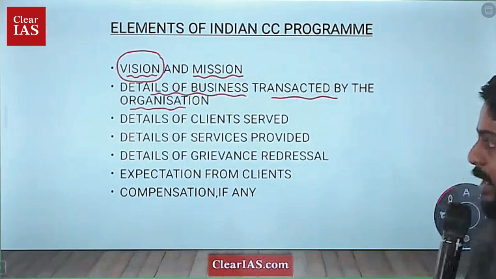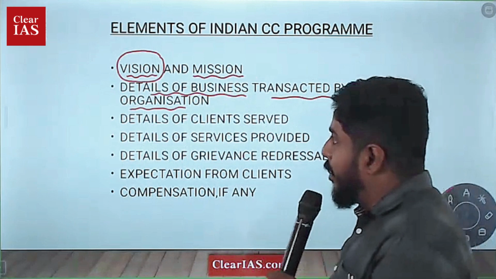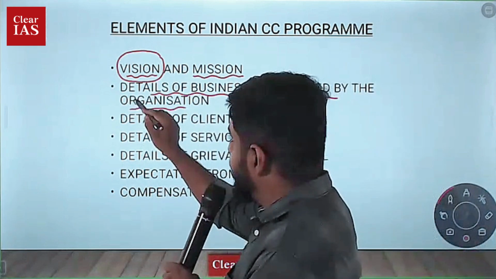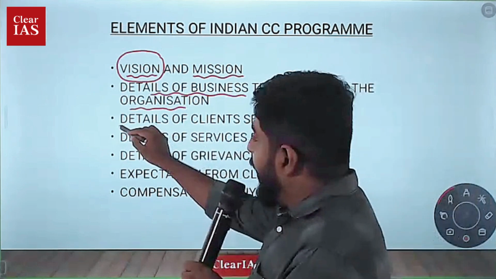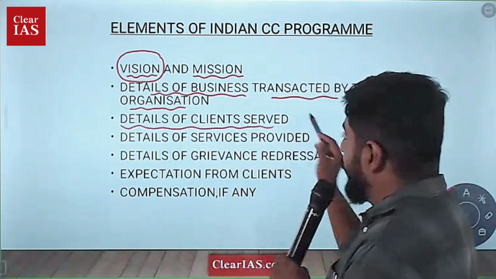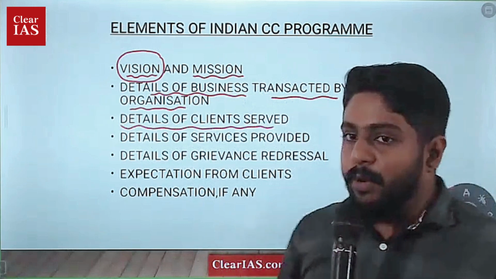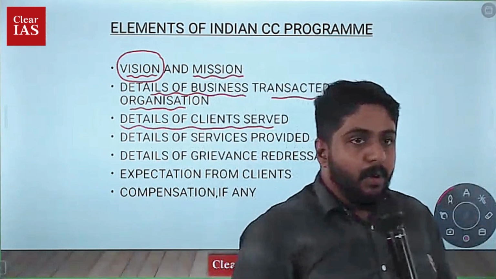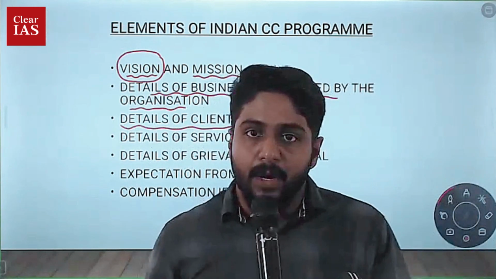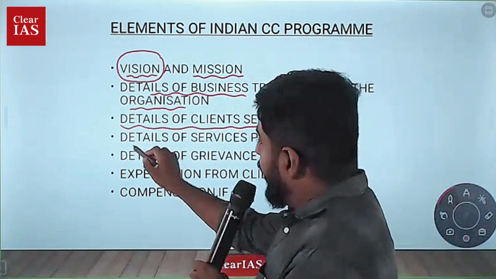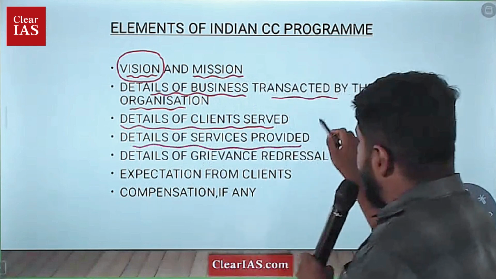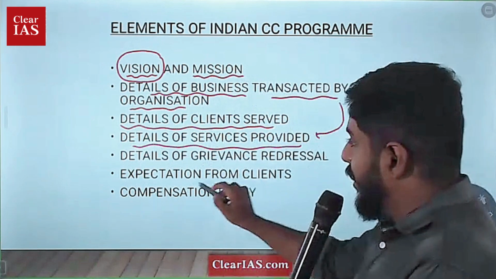The speed post, the express post, the ordinary post, all such things. So, details of business transacted by the organization, details of clients served. So who can come to our department? What is the eligibility of the clients whom we will serve? The details of services provided, which we have already spoken about.